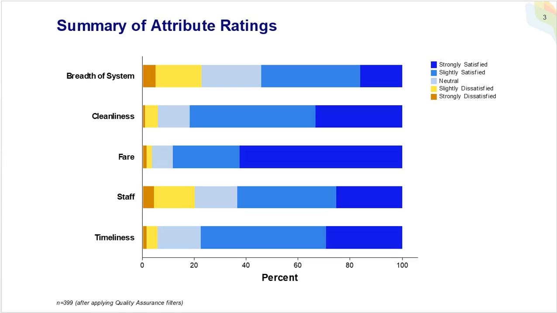And we'll see that the fare, yes. A quick question. Obviously, the questions in this survey were not just how is the breadth of the system, how clean was my train, what was the fare. There was some more nuance to the actual questions themselves, correct?